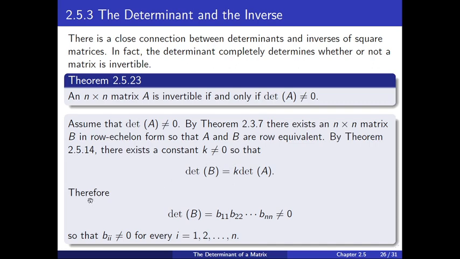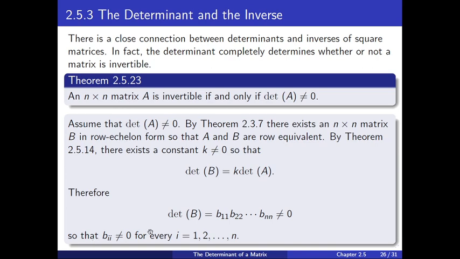Now, what it means is the determinant of B is equal to B11 times B22 up to Bnn, because B is in row echelon form, and that is not equal to 0 because we know that the determinant of A is not equal to 0 from the hypothesis, and also that K is not equal to 0, right?